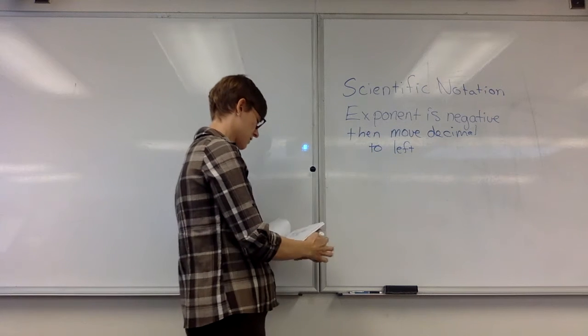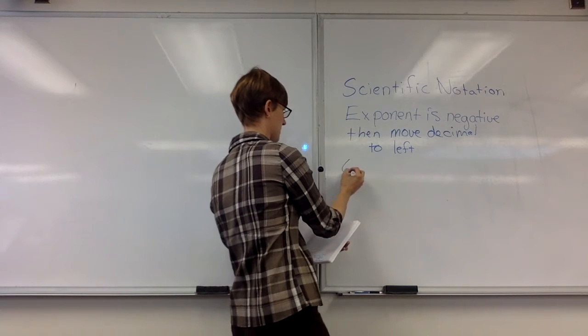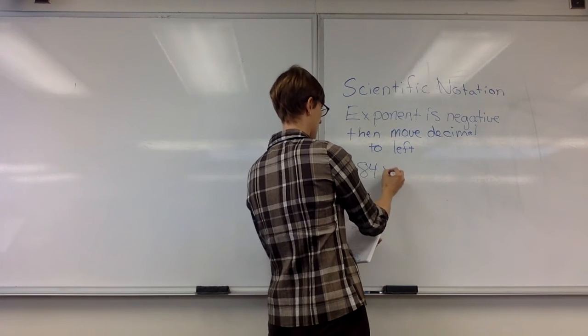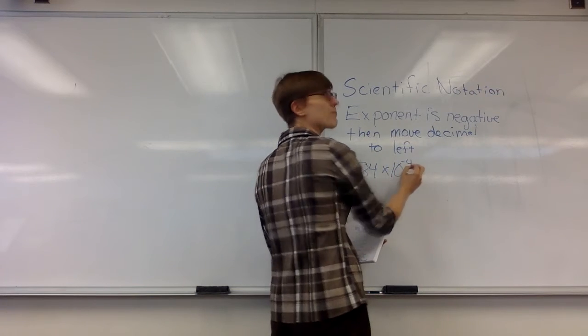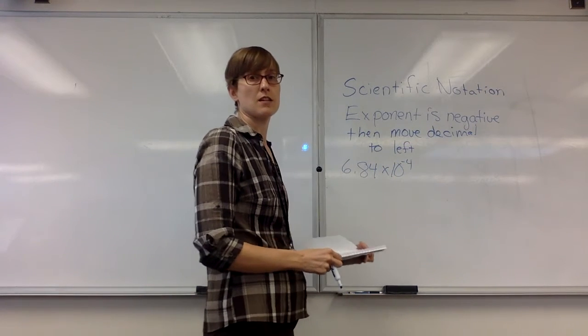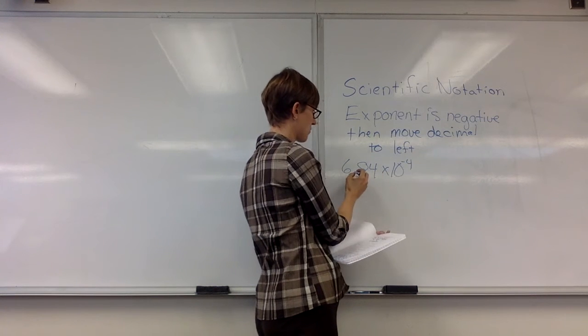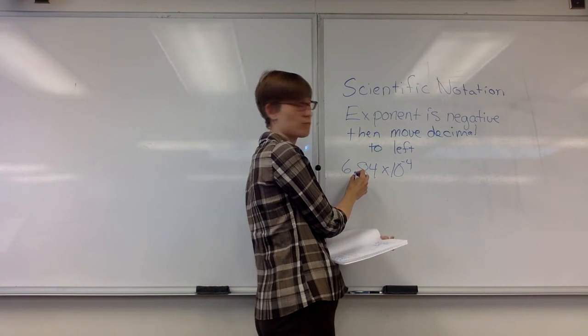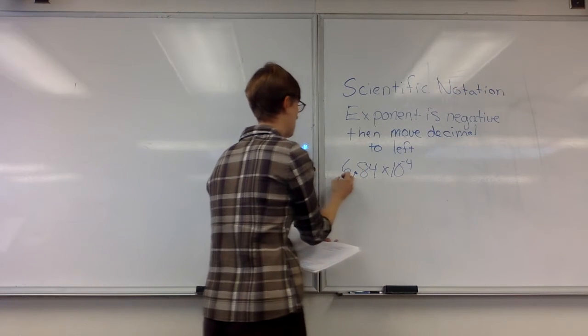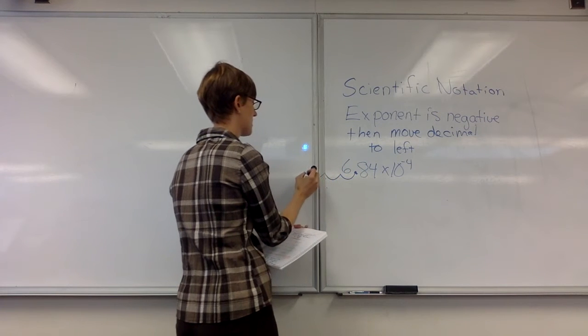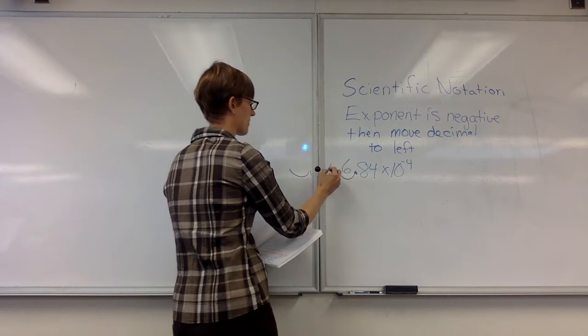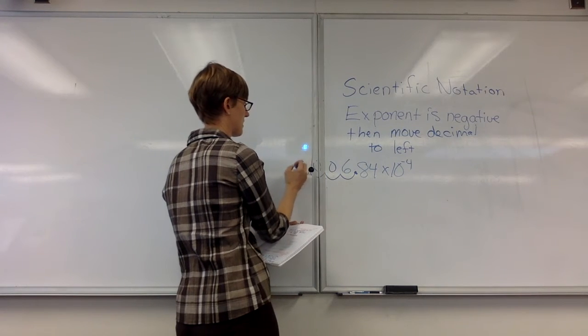Okay? So if I have the number 6.84 times 10 to the negative 4th, we're going to start with looking at where our decimal point is. We have a negative 4. That means we're going to move our decimal place 4 places to the left. So 1, 2, 3, 4. We're going to fill in zeros in those blanks there.